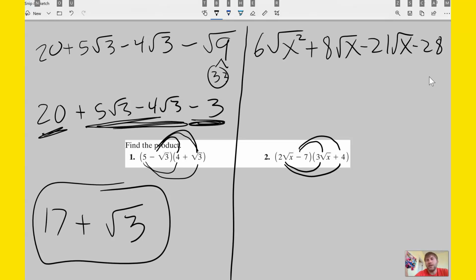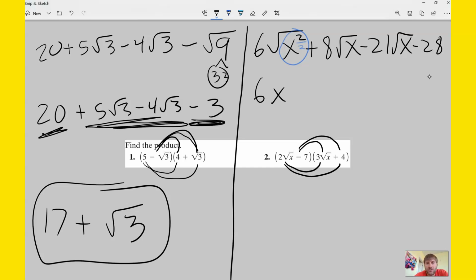Now let's see what we can break down. The x squared, right? That's an invisible 2 as the index, so that can simplify. Just write that index. That invisible 2 is going to come under this 2. And so this will come out, and so it becomes just an x. So it just becomes 6x.